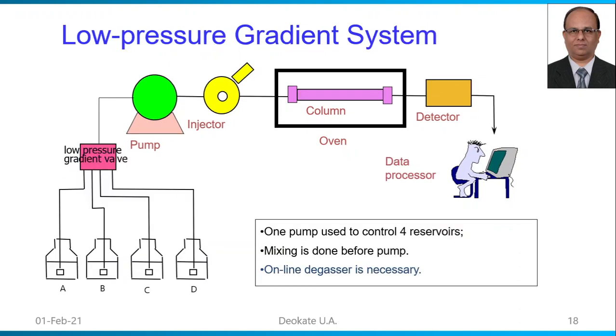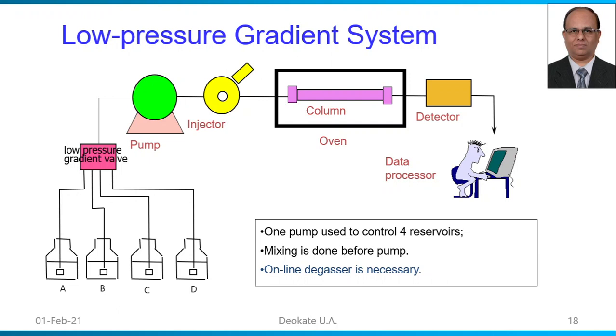Gradient systems are of two types: low pressure gradient system and high pressure gradient system. In the low pressure gradient system, a single pump is used with a low pressure gradient valve, and the different mobile phases are kept in different reservoirs. This selector valve will choose which component is to be taken from the reservoir. Then it is mixed in the chamber, sent to the pump, and pressurized.